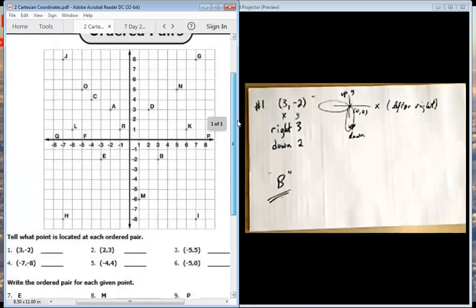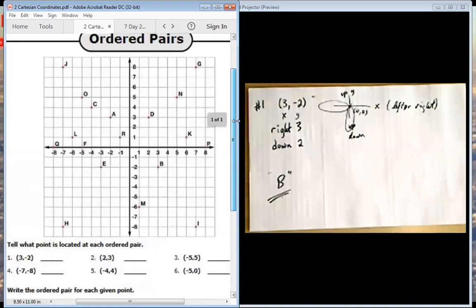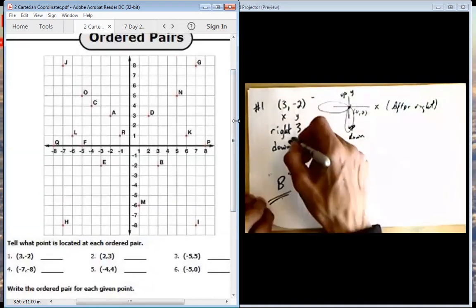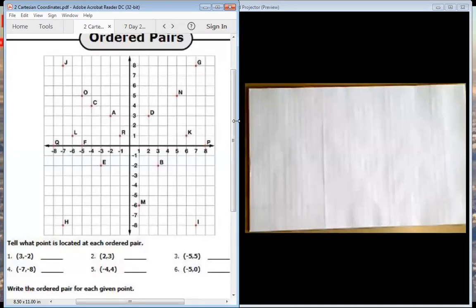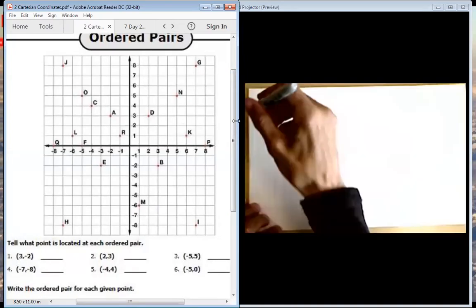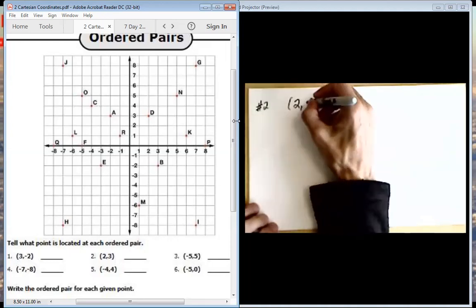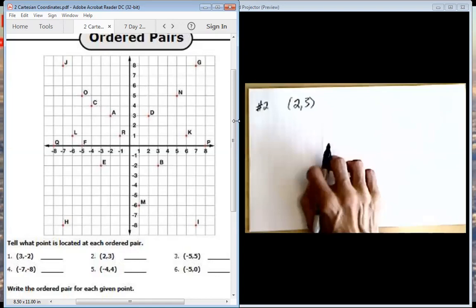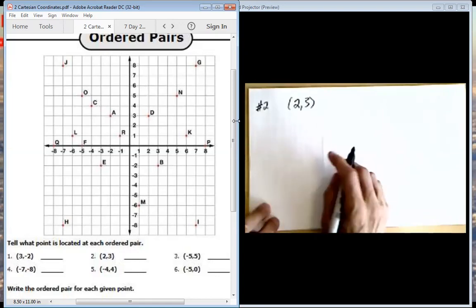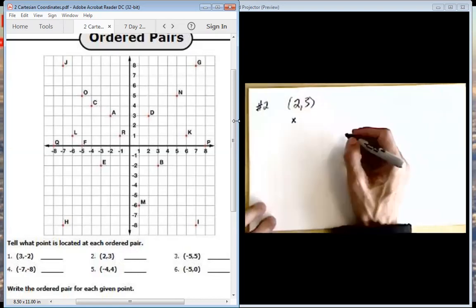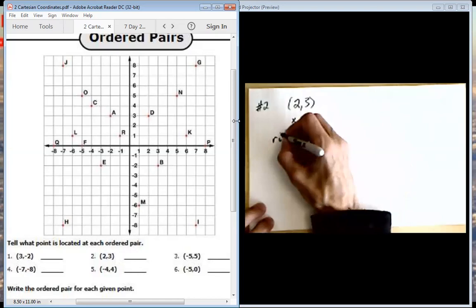Yeah, perfect. So the point 2, 3. First of all, with our directions. Number 2. Two, 3. From the origin, which direction do we go in the x direction? Okay, yeah. So we're going to go to the right by 2.